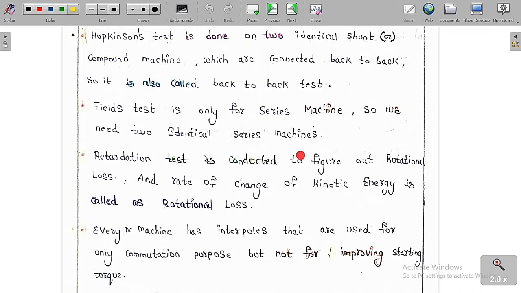One acts like a series generator and the other acts like a series motor. With the help of this test we can figure out the efficiency of the series generator and also the efficiency of the series motor.